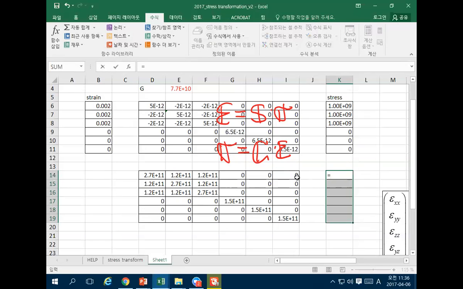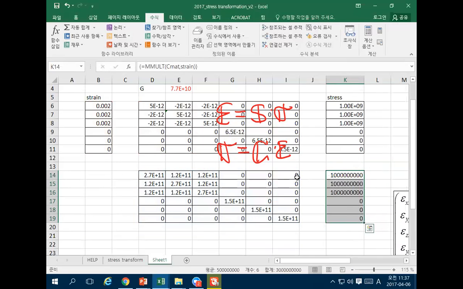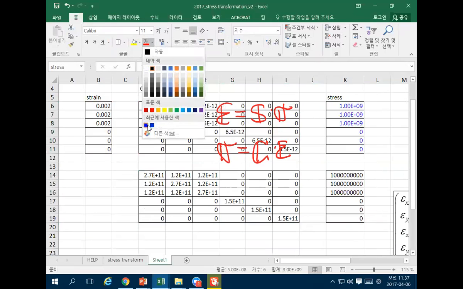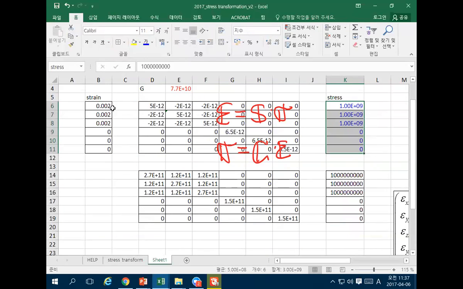So equal C mesh, now C mesh times strain. Okay, what I did is that this one is the inverse, and this one is the starting. I assign a number. Blue, let's say blue is the input, okay, and this is what?